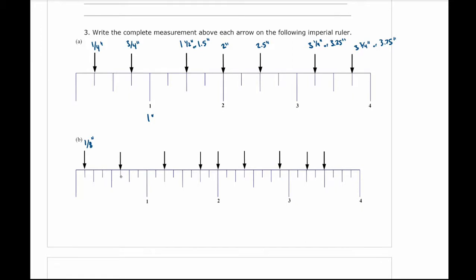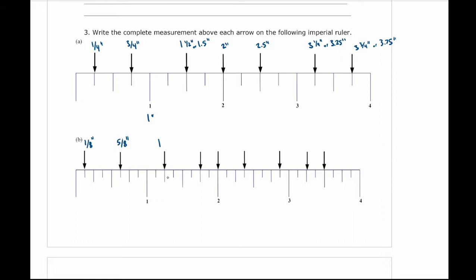If we make our way here, so we have 1, 2, 3, 4, 5. 5/8 of an inch. The nice thing is, when we know the smallest unit or the smallest fraction, we can just count the lines and use that as our fractions. So again, we've gone past 1 and our line here, so we know we're starting at 1, and we can count the lines.